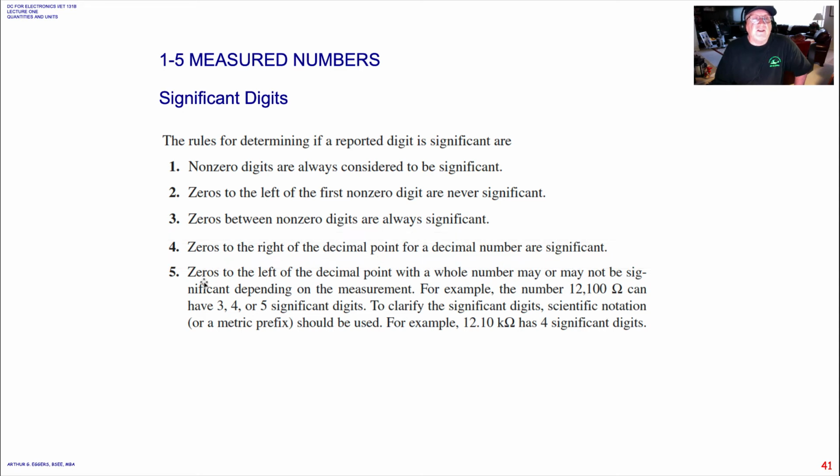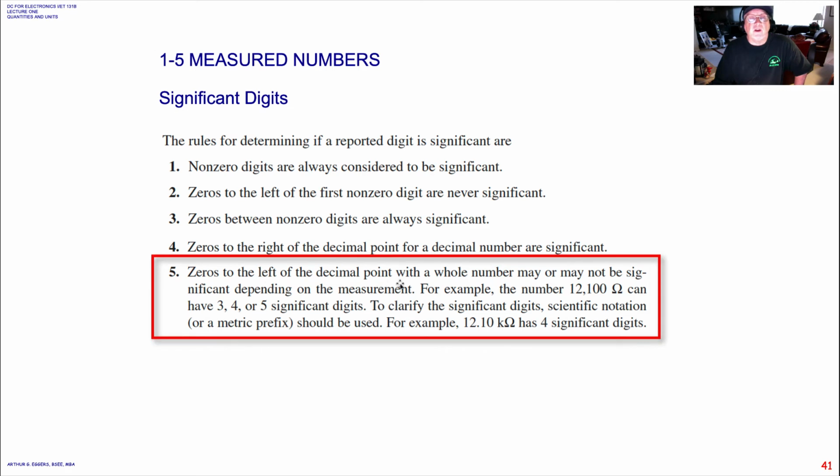And 5, zeros to the left of the decimal point with a whole number may or may not be significant depending on the measurement. For example, the number 12,100 ohms can have 3, 4, or 5 significant digits.